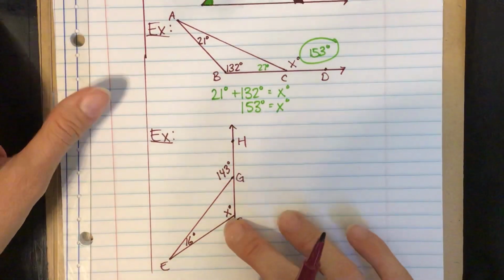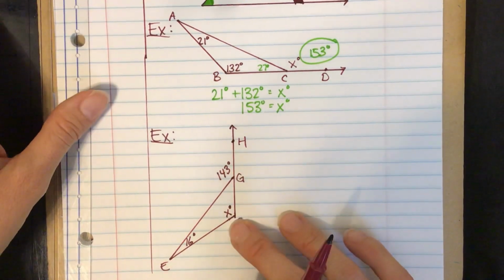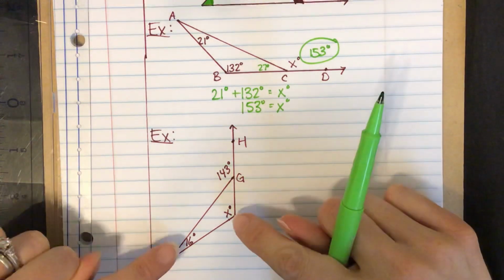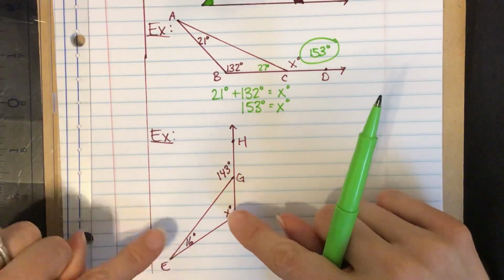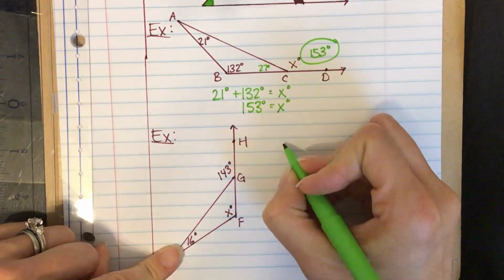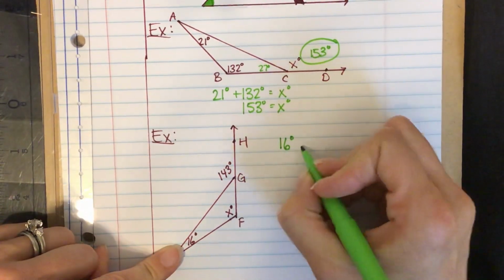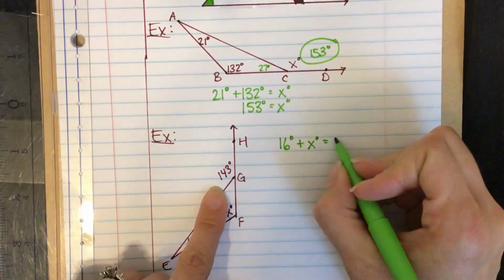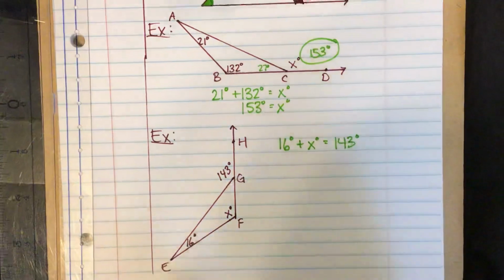So we're going to use the exterior angle theorem to find x. The exterior angle theorem says that these two remote interior angles, their sum is equal to this. So let's write that out. We're going to do 16 degrees plus x degrees is equal to 143 degrees.